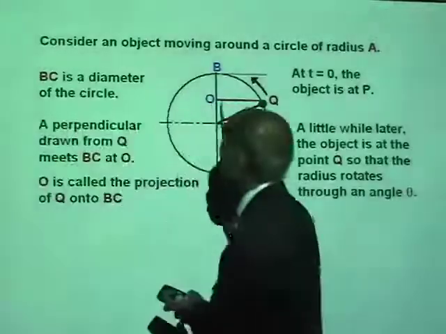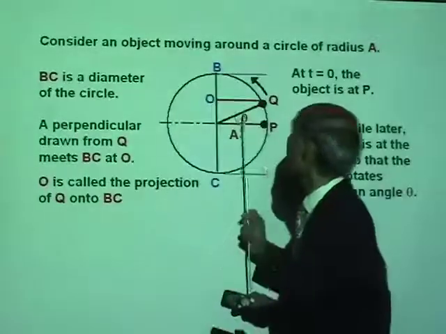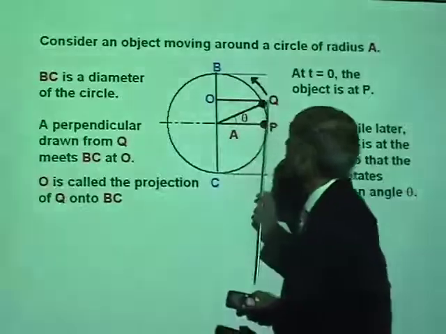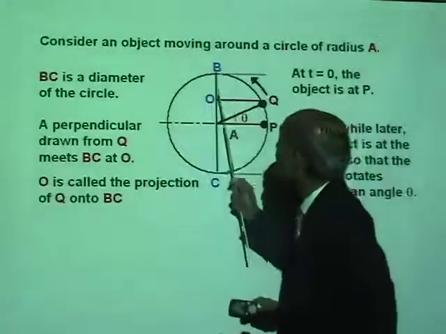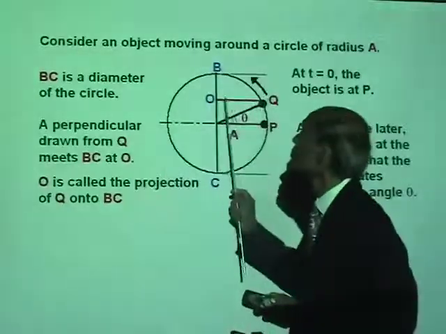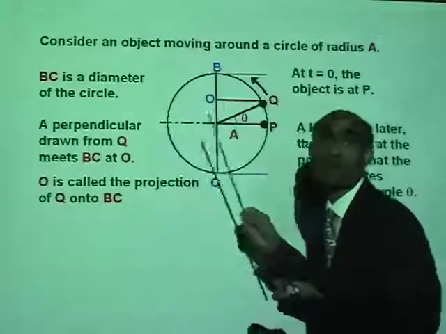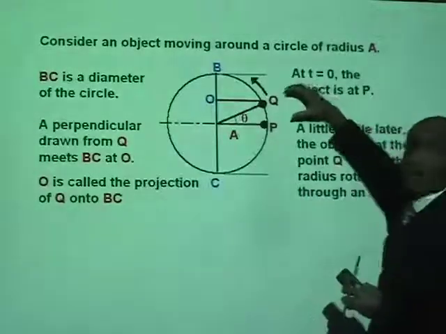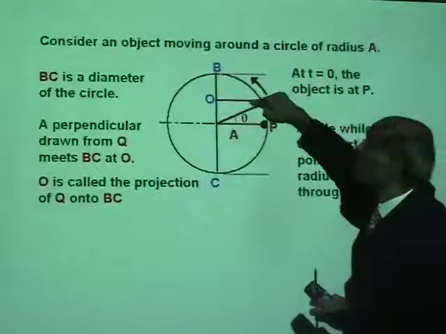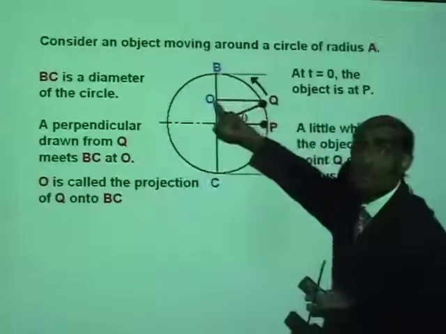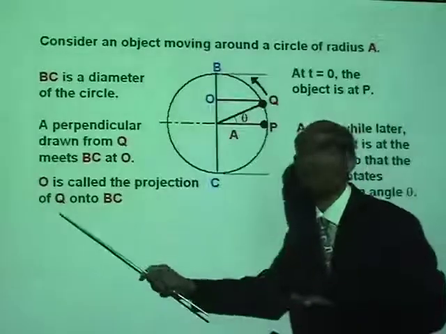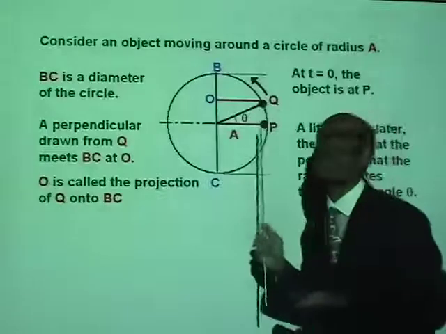O is called the projection of Q onto BC. In other words, if I keep a light over here, the shadow of Q will fall on BC. That will be the point O.